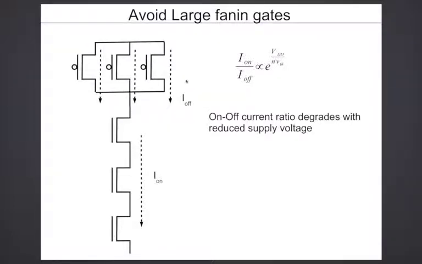The off and on currents are not too far off because VDD is in the near threshold or sub threshold, and you can end up where this doesn't work properly. You can also relate this to the imbalance factor. With large fan-ins you have large imbalances, and your logic levels get compromised. You don't have a proper logic 0, or conversely you can have an improper logic 1. So the noise margin gets compromised.